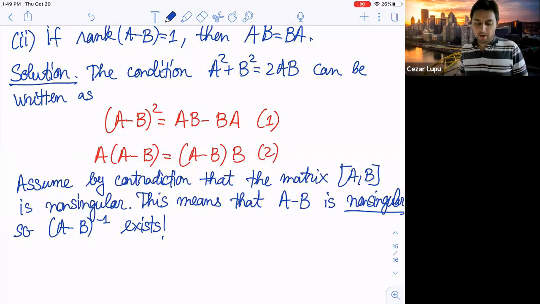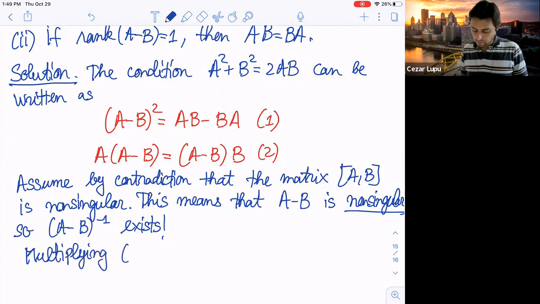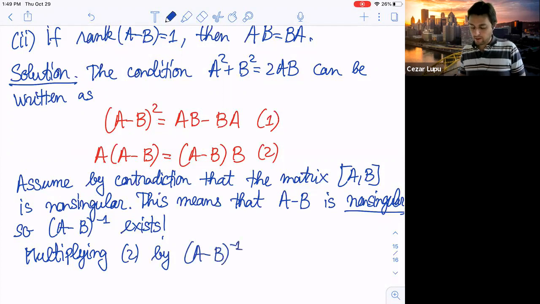Now we can multiply by it. So let's multiply the second one, multiplying 2 by the inverse of A minus B, and we're going to multiply this to the left.